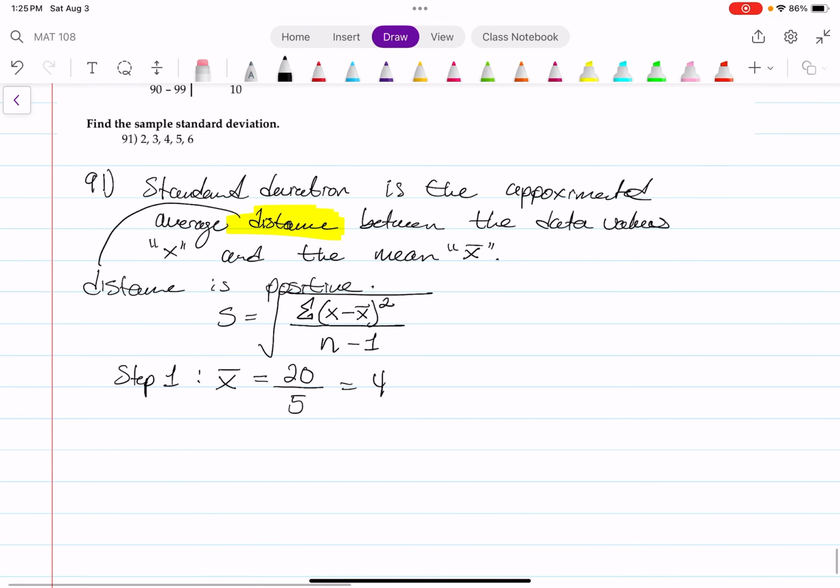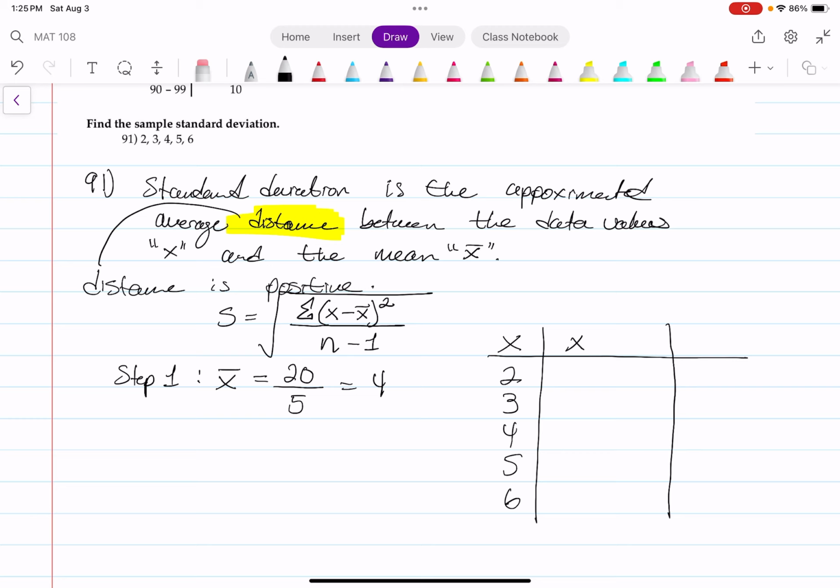What is our next step? We found the mean. Now we need to find the difference between each data value and the mean. 2, 3, 4, 5, 6. So we're going to create a table with 3 columns.